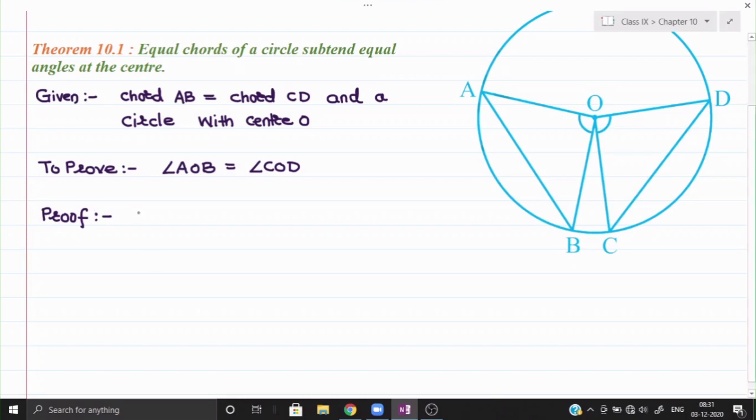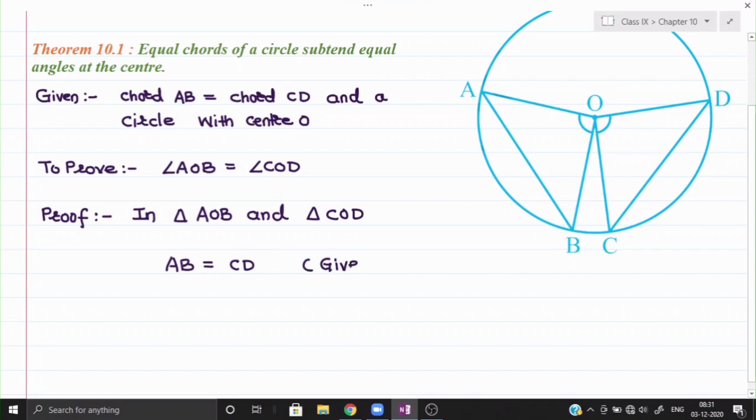So here we shall write down, in triangle AOB and triangle COD, first of all AB is equal to CD, that is given in the question.